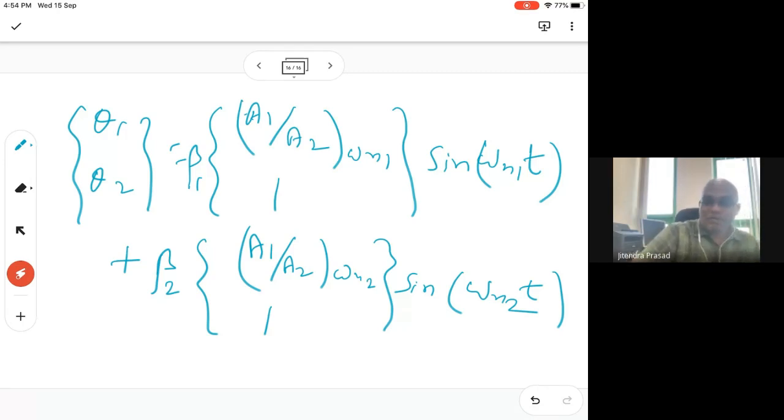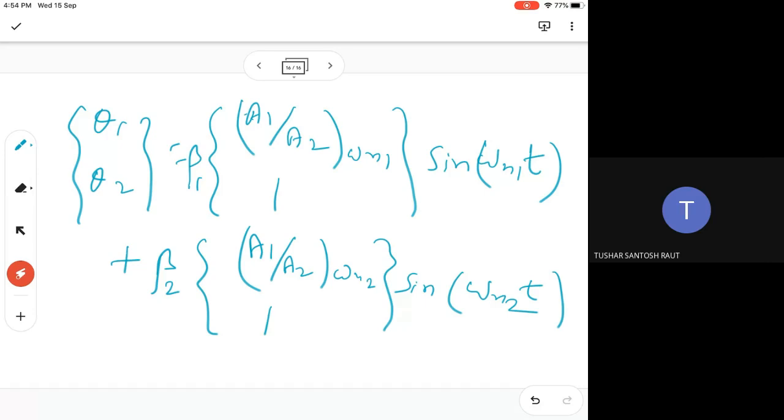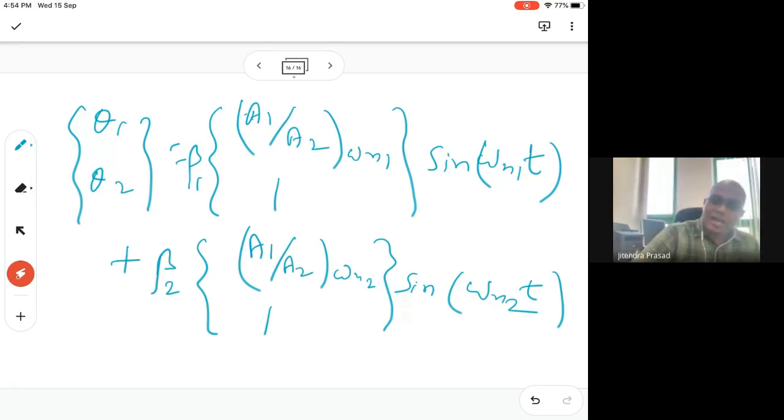See, you have found out lambda 1 and lambda 2, right? And omega n is the square root of lambda: square root of lambda 1 is omega n1, square root of lambda 2 is omega n2. So it's up to you which one you label as the first one.